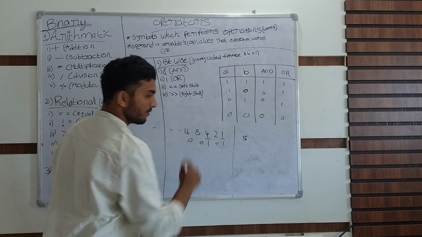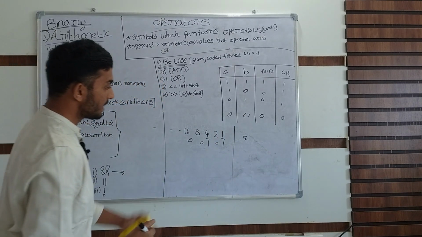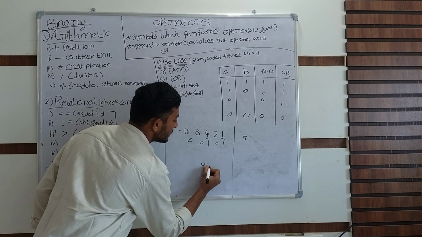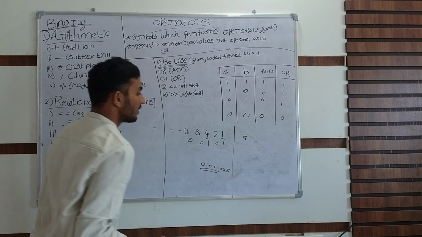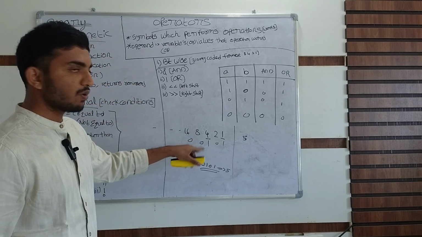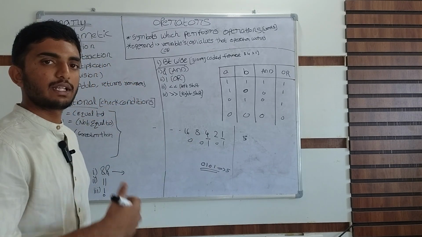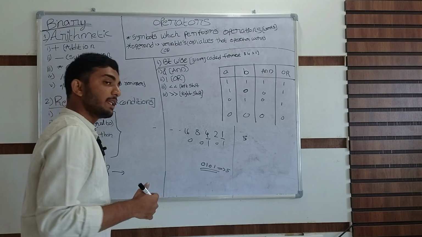That means its binary code is 0 1 0 1. This is the binary code of 5.